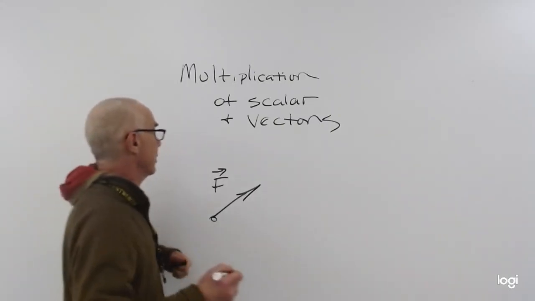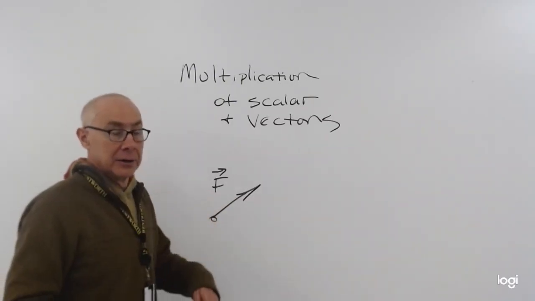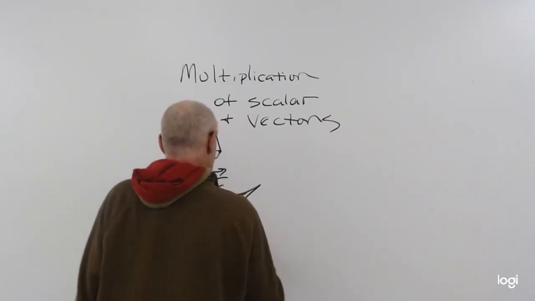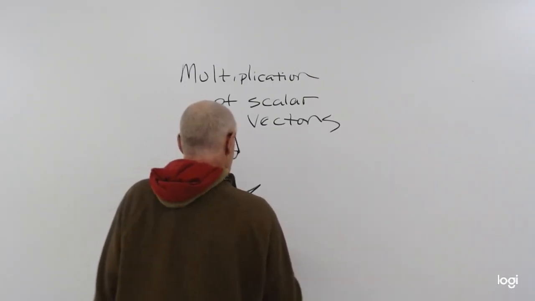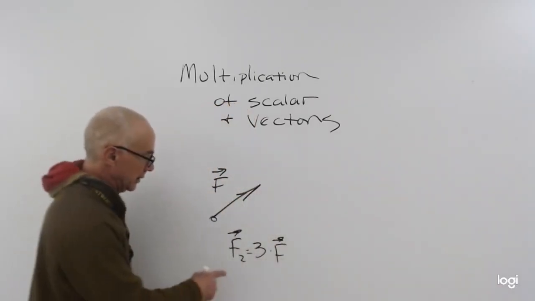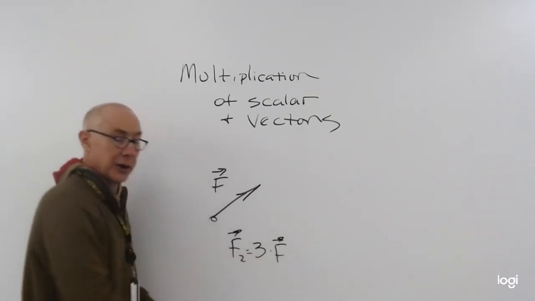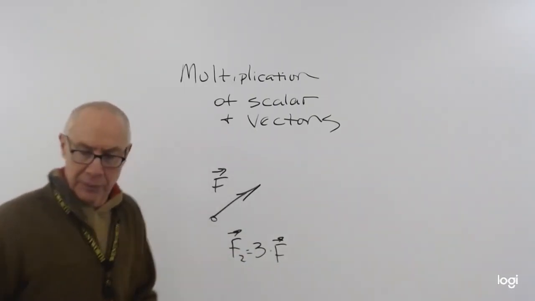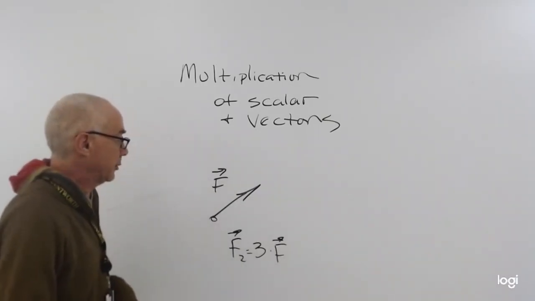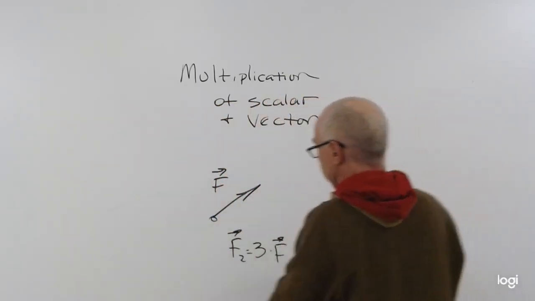So imagine that you're going to multiply this F quantity by 3. So we're going to say F2 is equal to 3 times F. And notice that we're multiplying a scalar times a vector, and the resultant is another vector. So what you're going to end up with is a vector in the same direction, but it's going to have 3 times the length. 1, 2, 3, somewhere out here.